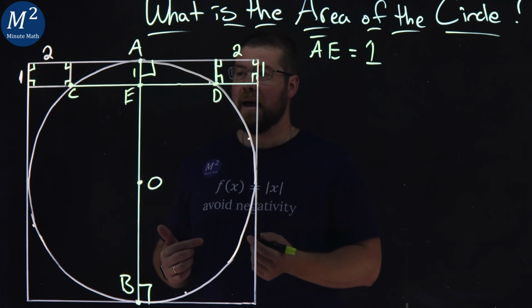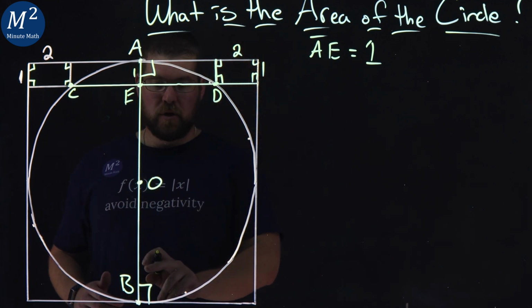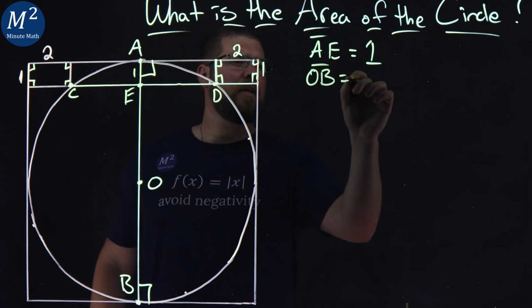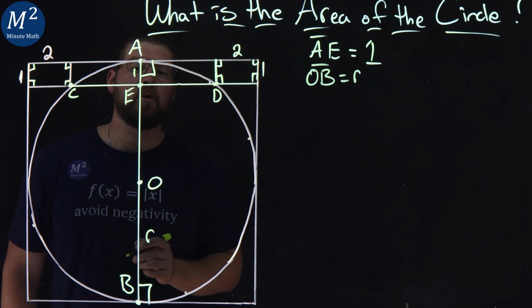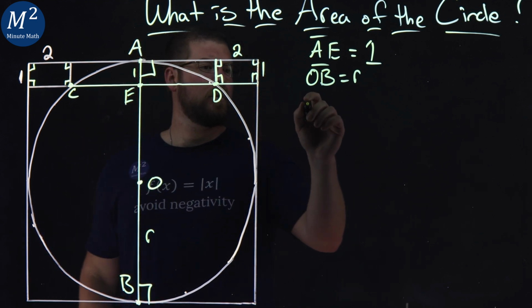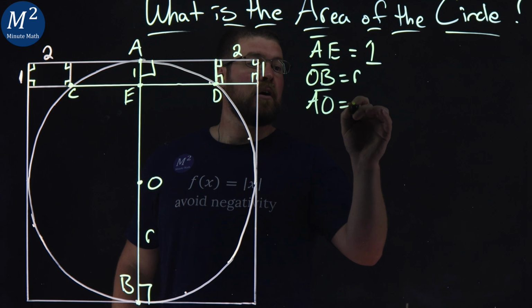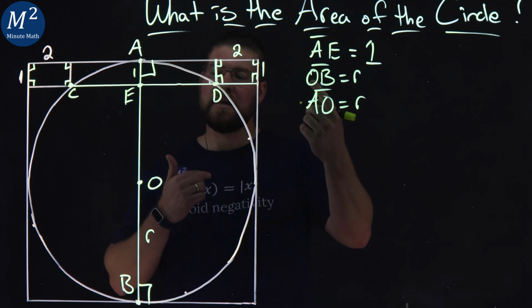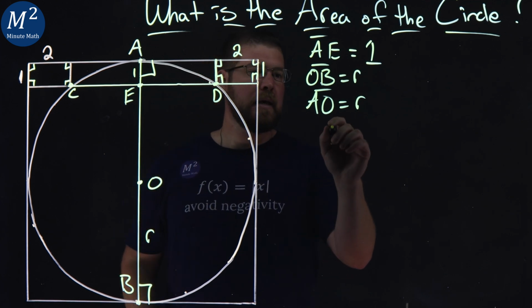We know that we have a radius, OB. OB is our radius, and let's call that R. We don't know what that is, so we have a little R going on here. Well, AO is also a radius. But then how can we label EO?